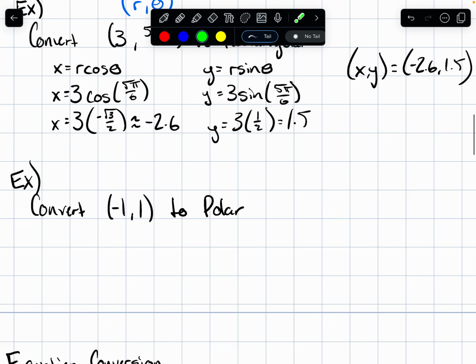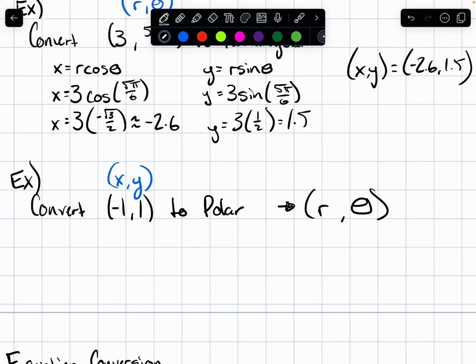What if I want to convert an x comma y into polar coordinates? We have a slightly different way we want to do this. I need to get r and I need to get theta. This is going to be a little bit more difficult to think about, so just to keep it simple, let's draw up what this looks like.